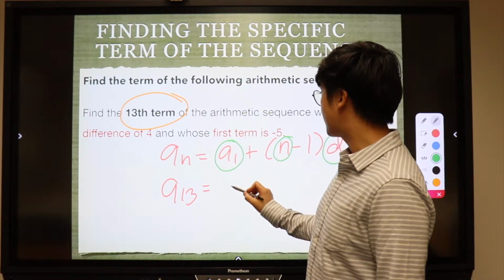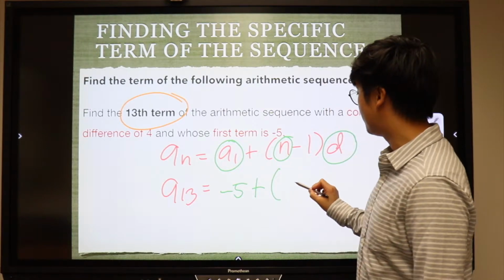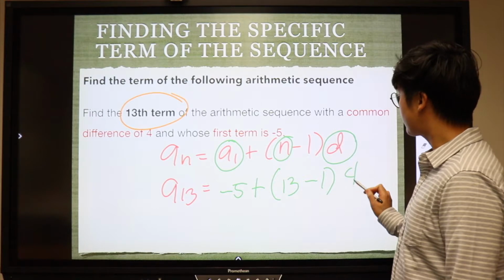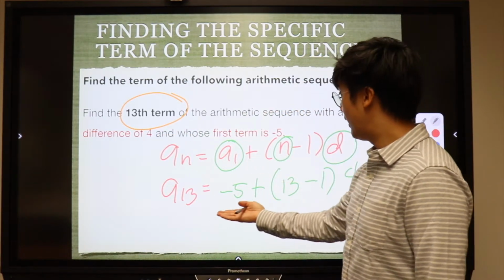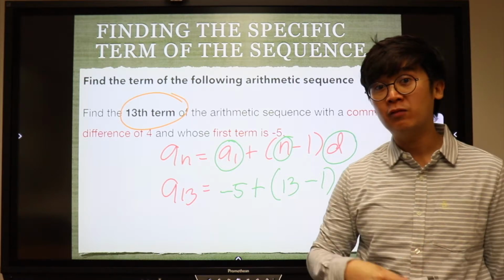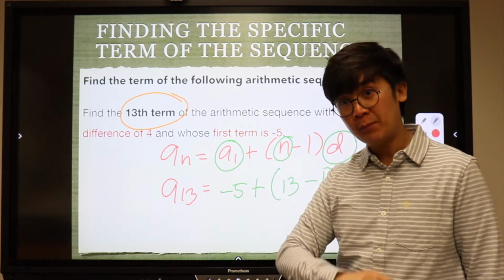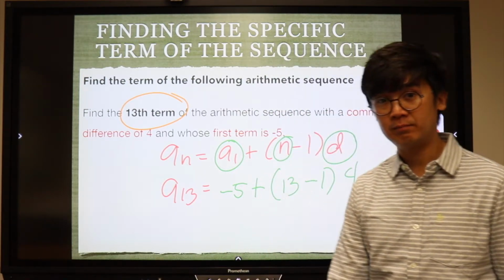A sub 1 is? Negative 5. N is? 13. And D is? 4. So from an arithmetic sequence problem, now you're just solving a problem involving order of operations. Yes. So simplify your answer and give me the 13th term.